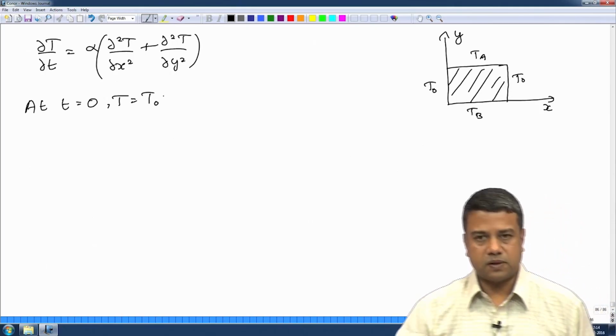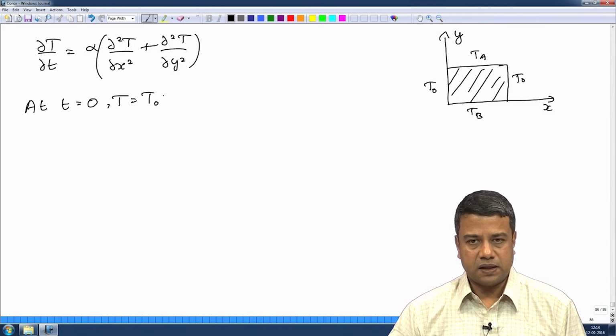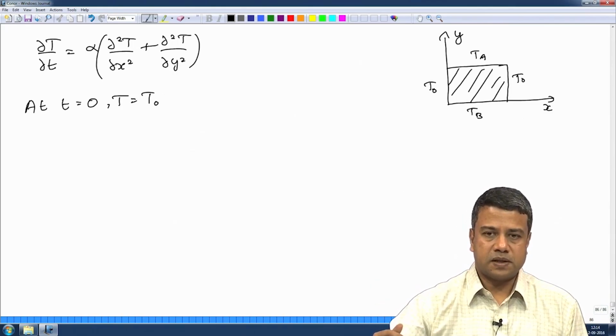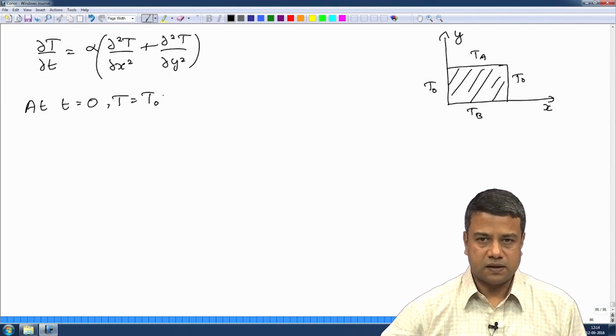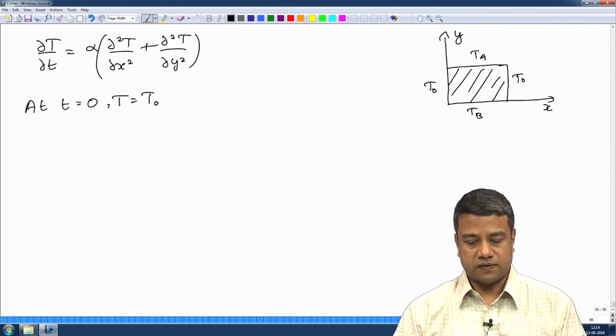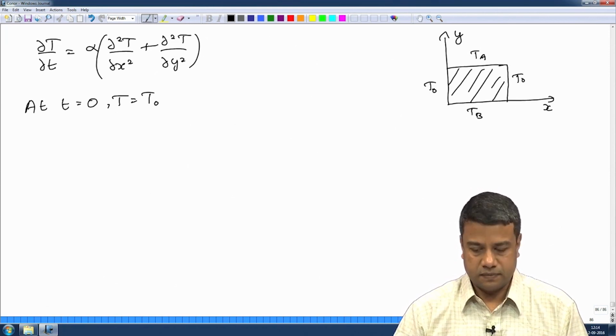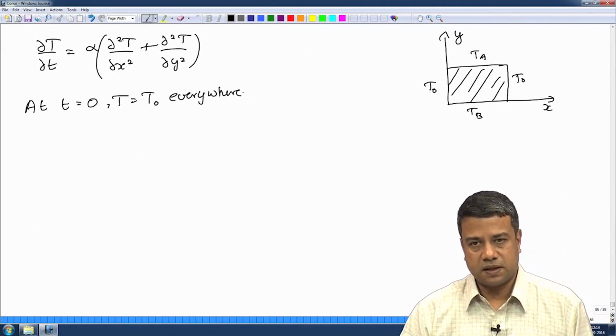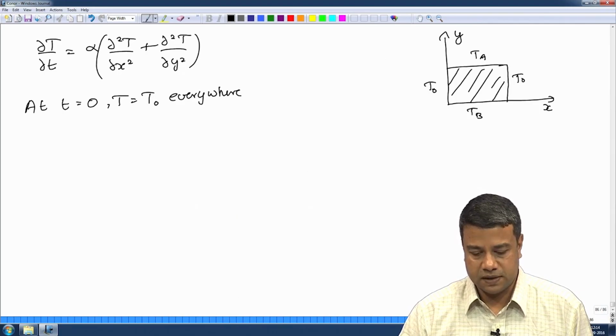So, I start with a block that is isothermal, and at t is equal to 0, I bring the top surface in contact with the temperature Ta and the bottom surface in contact with the temperature Tb, and then I want to find out how the temperature evolves as a function of time. So, this is the condition at time t is equal to 0.